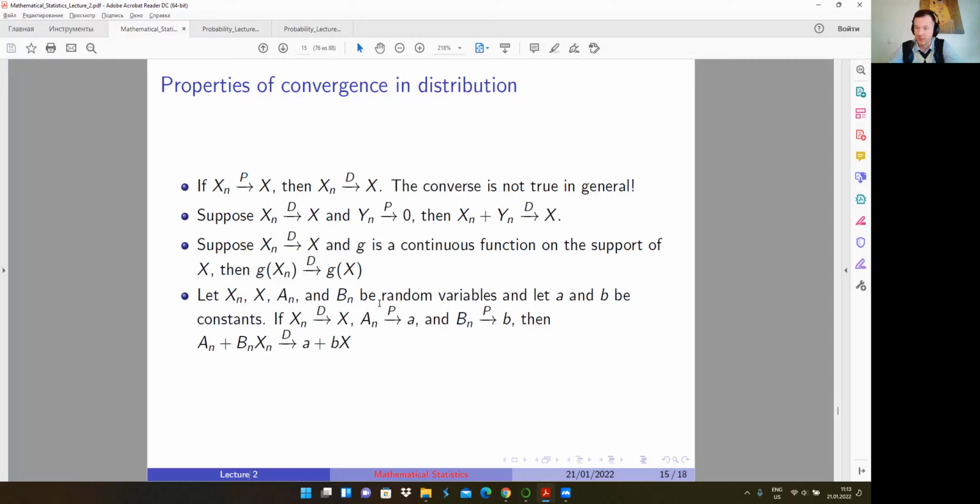So he also worked in probability. If you have several random variables, xn, x, an, and bn, and two constants, a and b, and if xn converges in distribution to x, and an converges in probability to some constant, and bn also converges in probability to some constant, then the linear combination converges in distribution to a plus bx.